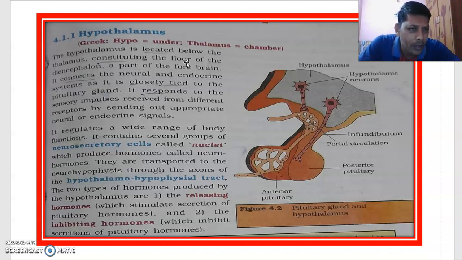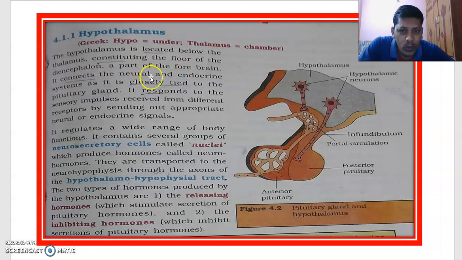This is hypothalamus. Hypothalamus is the floor of the diencephalon. Diencephalon is nothing but a room, imagine. Diencephalon is a part of the forebrain. I told you in the previous part also, forebrain consists of the cerebrum and the other part is the diencephalon.